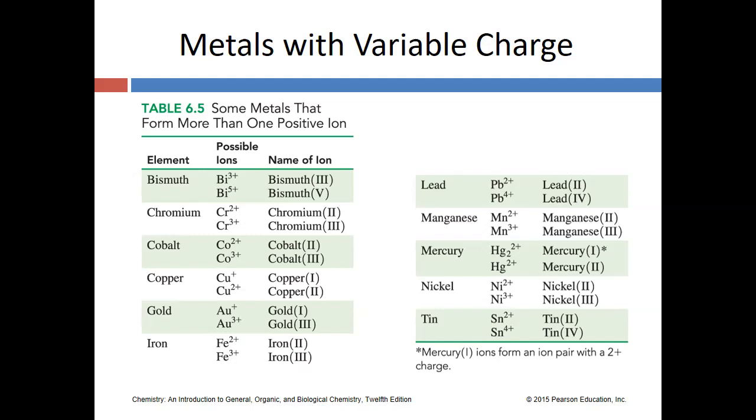Each one of those mercury atoms has a positive 1 charge. Collectively, it has a positive 2 charge. But since we always evaluate charge on a per atom basis, that's why it's called mercury(I) instead of mercury(II). Because you've got two atoms sharing the 2 positive charge, one on each atom.